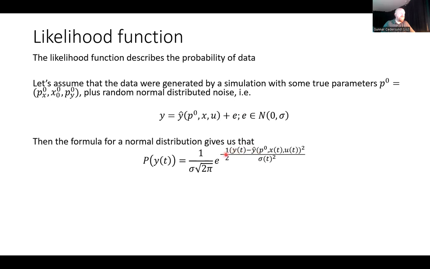So in this expression here, the probability of getting a value y is some coefficient here, and then you have the exponent to the minus, and here you have this y minus y hat again. And the reason why it's y hat here is that the normal distribution of y is not centered around 0, but it's centered around y hat. Okay, so this is just the definition of a normal distribution.